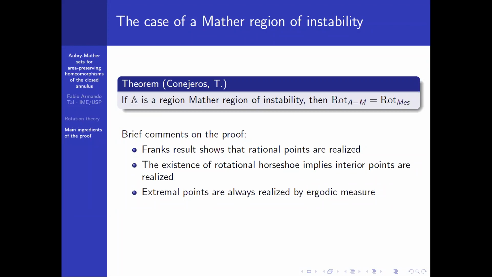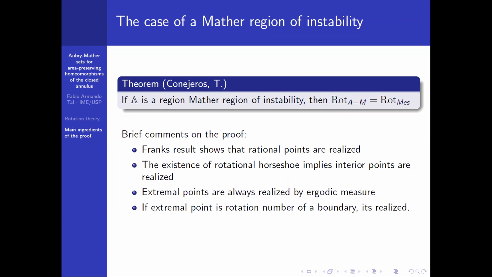So the two ends of the interval always have ergodic measures associated to them, which realize these two points. So then you already know that in this case, the ergodic measure set is going to be everybody, because you knew the interior points and now you have the extremal points. And to go from that to the final thing, if you have an extremal rotation point, then there are two possibilities.